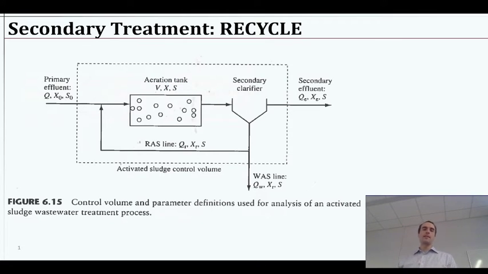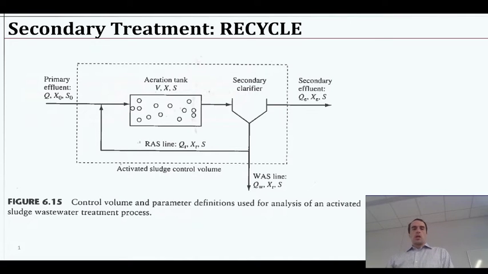I guess in a sense, they were steady state in that former problem, but with the recycle, we have new controls over the mass balance here. Adding this recycle line and all the other pieces feels like it's going to make it more complicated, but it turns out we have easier tools to deal with it mathematically when we make some assumptions.